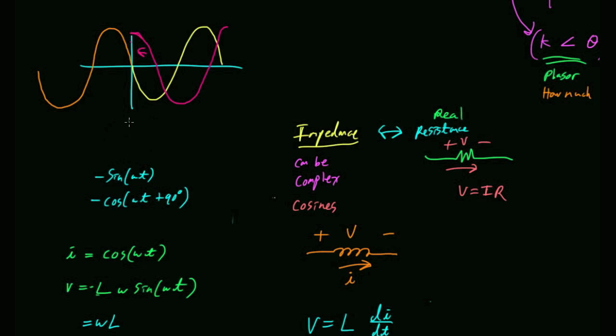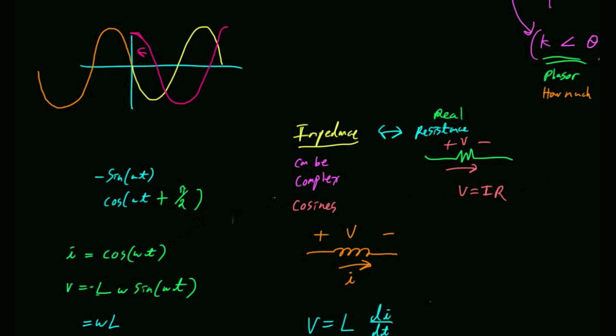Okay. So it looks like, instead of writing minus sine omega t, what I can do is start with cosine omega t and shift it to the left by 90 degrees. So how do I write that? Plus pi over 2. Don't say 90. 90's dead to us.